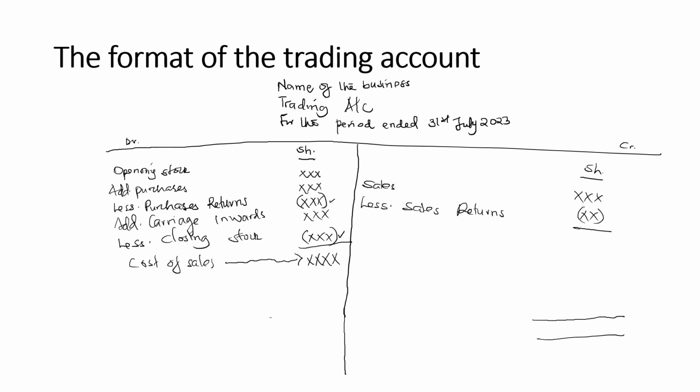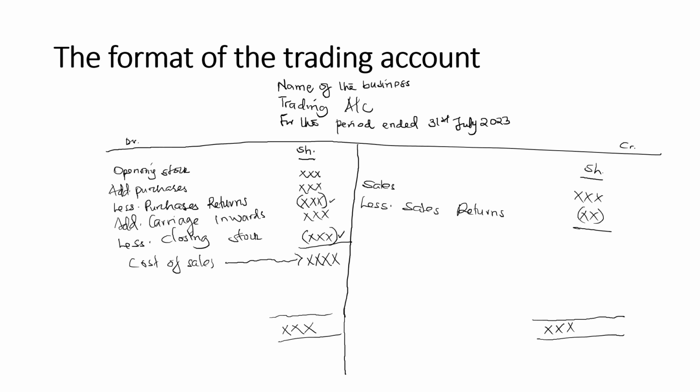Now you have to weigh which side is bigger than the other one. Under normal circumstances, you'll find that the net sales exceeds the cost of sales. The account must be balanced, and we are going to use the highest figure. That is the one which it will balance with, and therefore you'll realize that the cost of sales is less than the net sales.